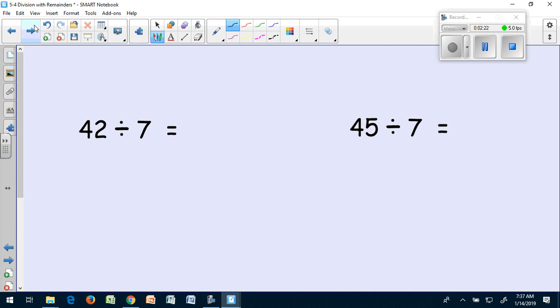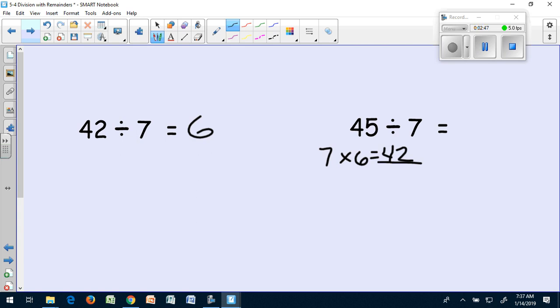I know that 42 divided by 7 equals 6. You can write that down in your notebook. But what if I had the number 45 divided by 7? Well, like I just said, I know that 7 times 6 equals 42. How many more would I have left over to go from 42 to 45?